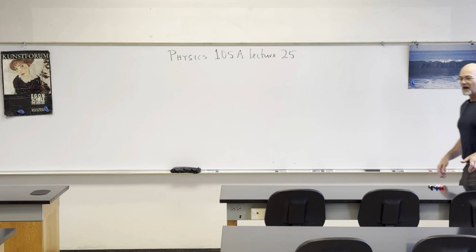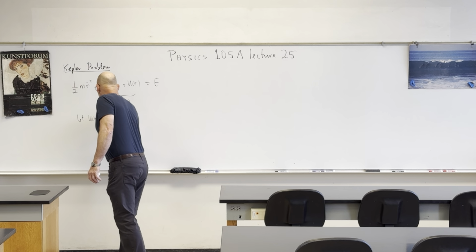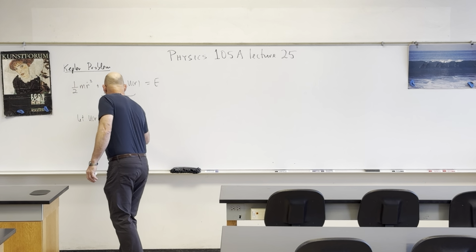This is the U effective of r. And what we're also going to use is U of r equals minus alpha divided by r. Alpha is a constant involving gravitation constant stuff. So that's going to be the potential.